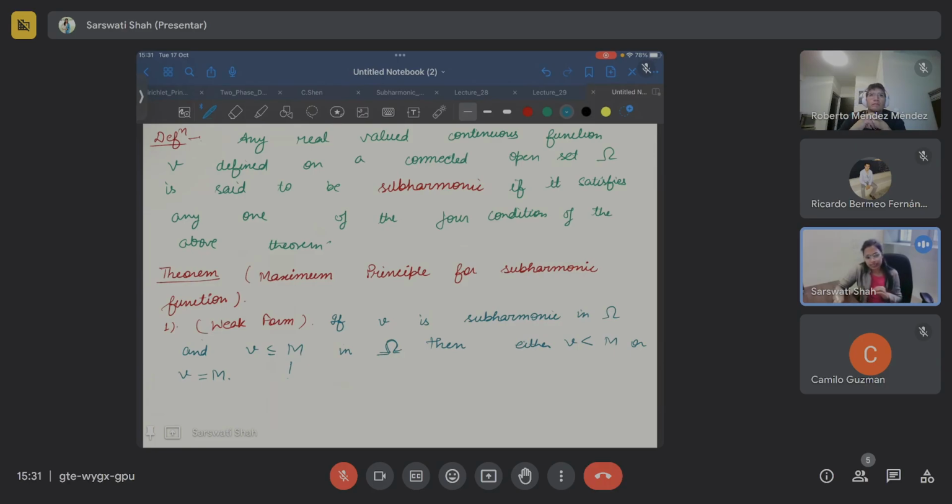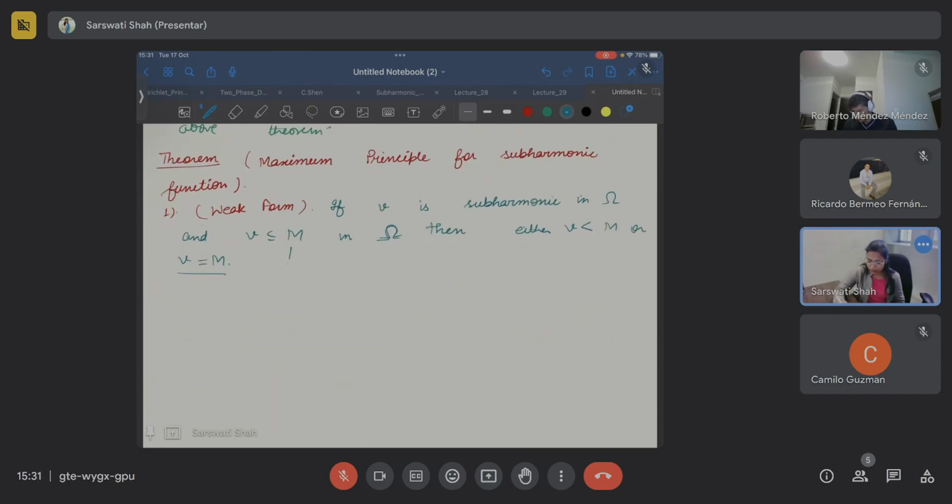It is not that at some places it is equal to that constant and at some places it is less than. So either it will be strictly less than this constant m or it will be equal to this constant m. Let's talk about the strong form.